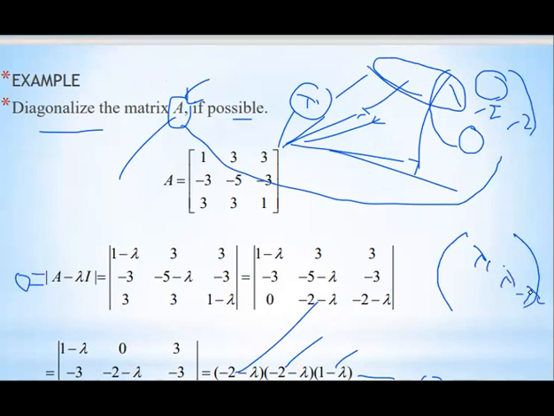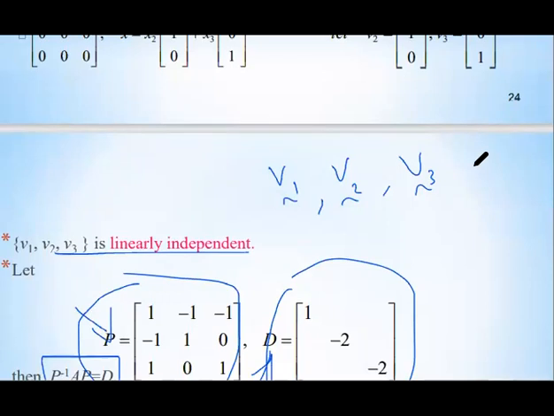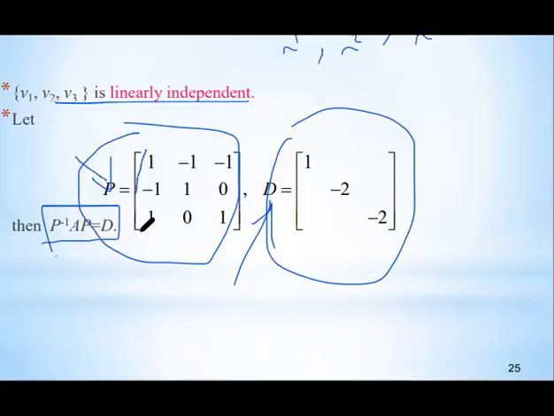These lambdas are the eigenvalues of this matrix, and the P matrix has eigenvector 1 as its first column, with the corresponding eigenvalue lambda 1.